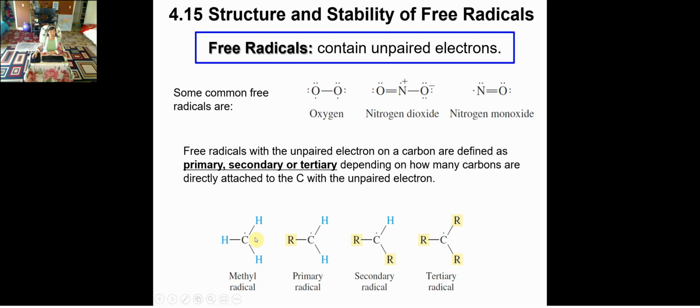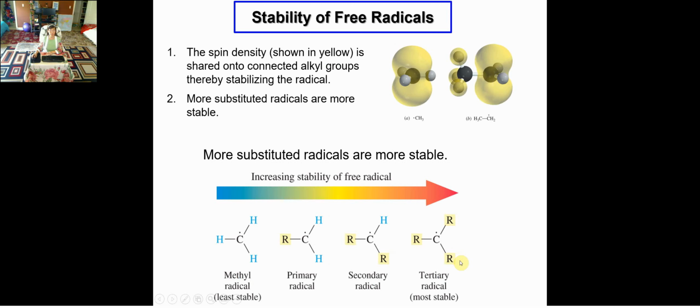If you have CH3 dot, using a little dot to represent the radical, it is called a methyl radical. In a secondary radical, the carbon with the unpaired electron is connected to 2 other carbons. Similarly, a tertiary radical refers to the carbon with the unpaired electron connected to 3 other carbons.